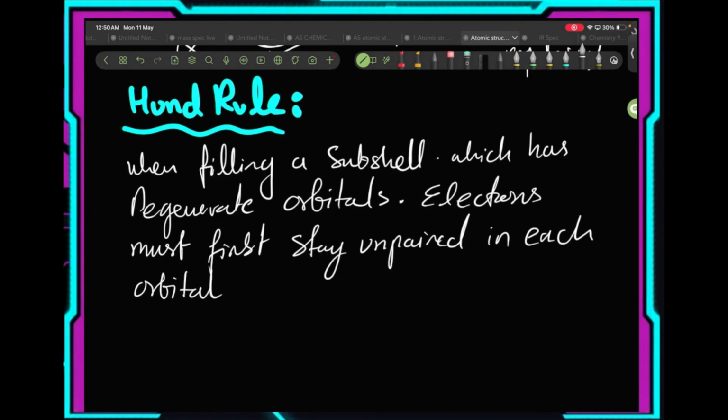So electrons must be unpaired and they should not be paired initially. They will stay unpaired and they'll occupy every single orbital, separately. They will not be paired.